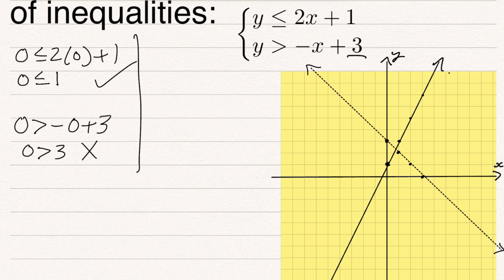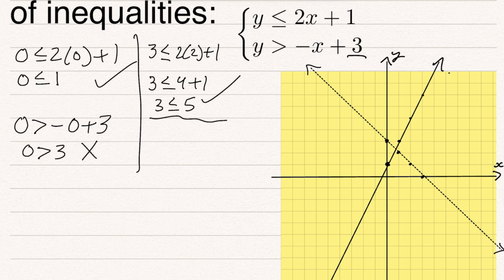So if we plug in 2, 3, then 3 is less than or equal to 2 times 2 plus 1. 3 is less than or equal to 4 plus 1. Is 3 less than or equal to 5? Absolutely, that checks out for the top inequality. For the bottom inequality, is 3 greater than negative 2 plus 3? Well, 3 is greater than 1. That checks out.